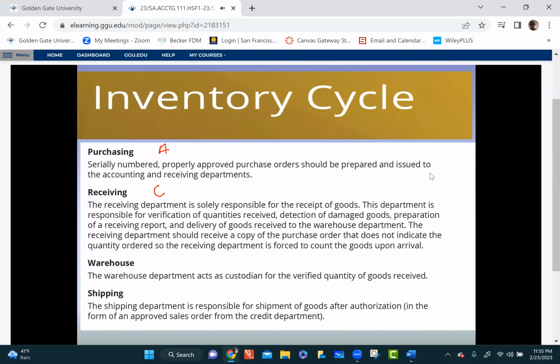Receiving is custody. Warehousing is custody. Shipping is custody. I'm just putting the first letter of each duty that is separated. It shouldn't surprise us that we have a lot of custody in here since we're dealing with inventory items.